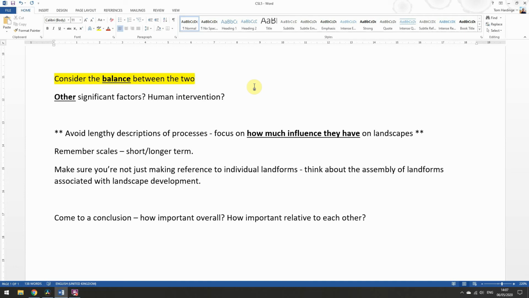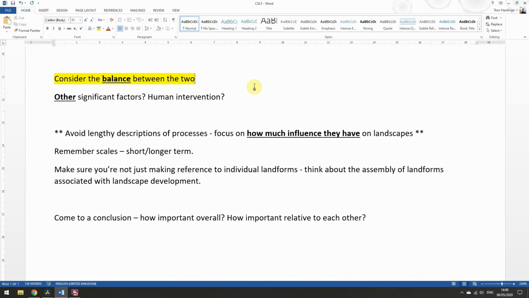You may not have instantly a definitive idea about that in your head, so maybe as part of the planning stage you do need to sit there and think about, well, what do I think about this? What's my opinion of how important weathering or erosion processes are? Are they quite important? Are they very important? Are they not that important? How much more important is one in relation to the other?